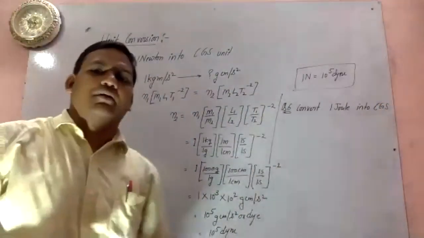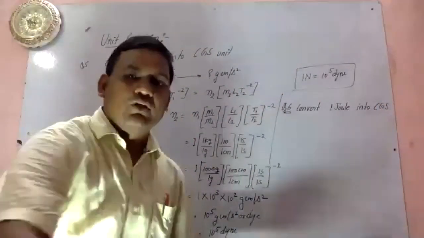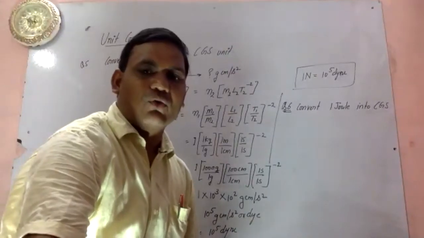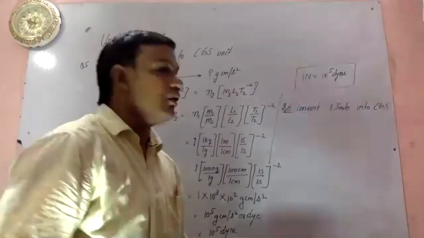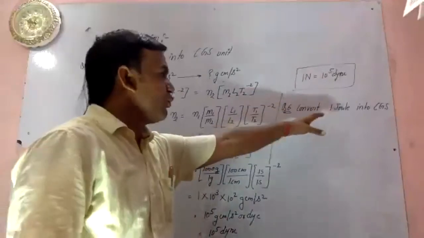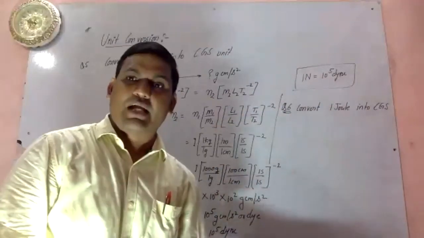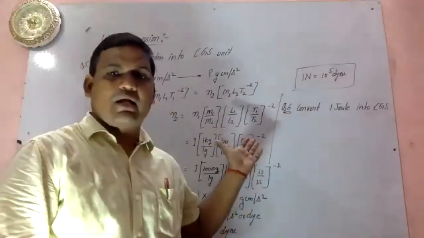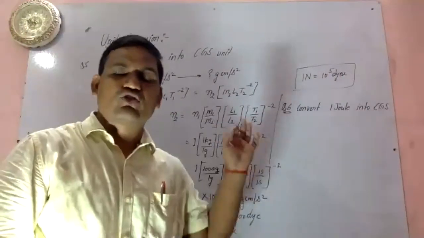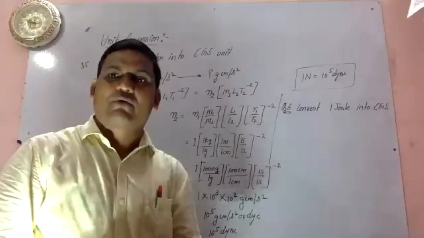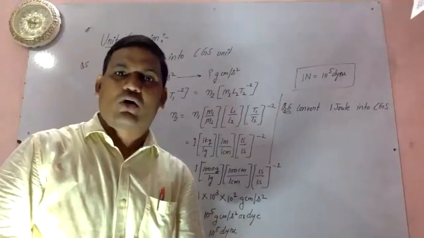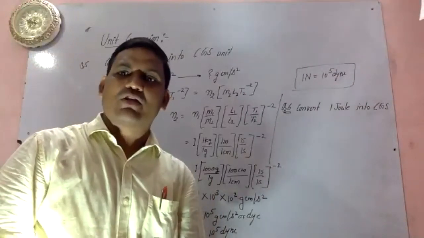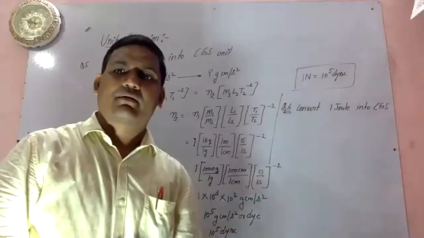You have to just convert 1 joule into CGS. Okay, this is the question for your assignment. You need to solve these questions. I have given you 3 questions that have to be solved, and I will see these questions tomorrow in your copy.